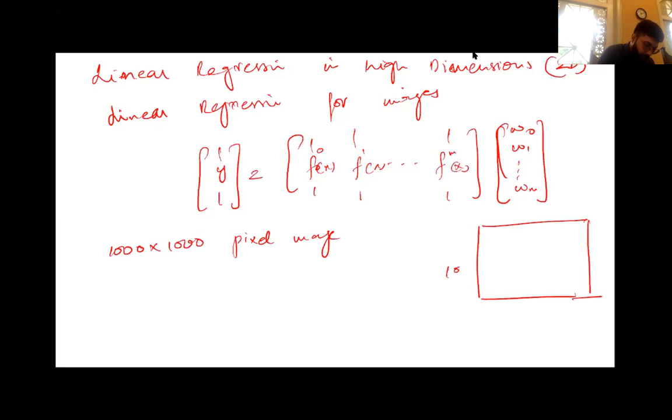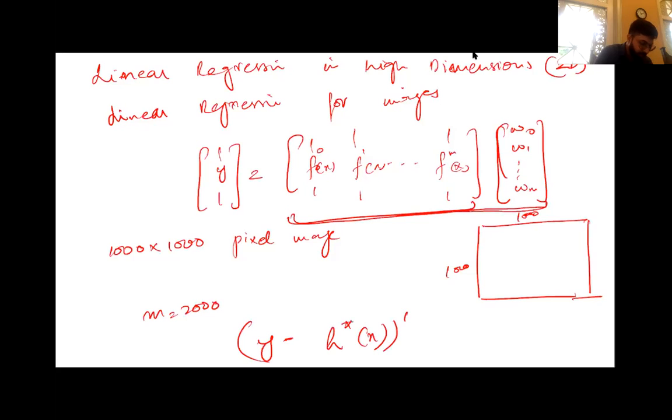And let's say I know a certain number of bases. Let's call this m equal to 2000, such that when I construct the image with these 2000 bases, I'll call it h star of x, the difference between y and h of x is very small.